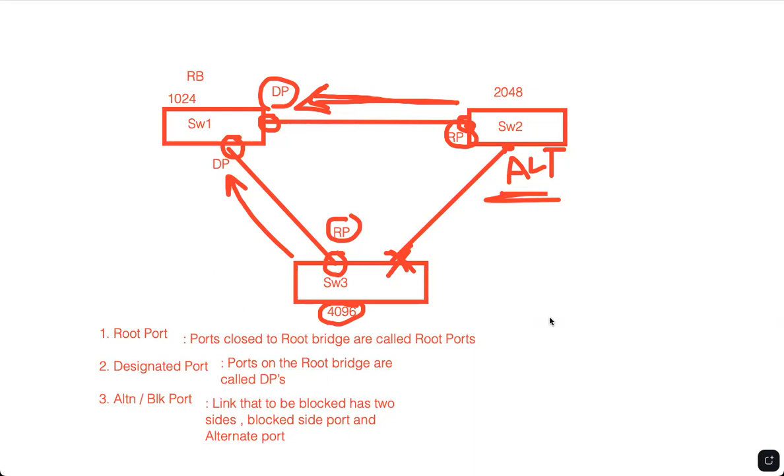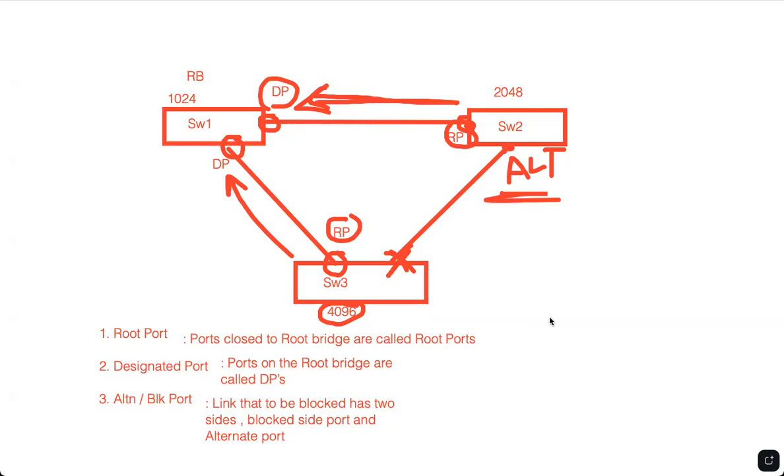And the adjacent side of the blocked port is called the alternate port. These are the port types. Okay. So this is the concept of different port types in the spanning tree. Any questions? No, sir.